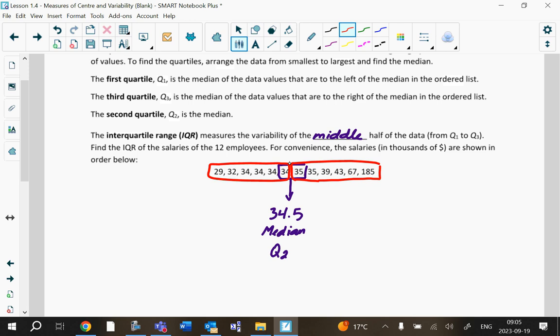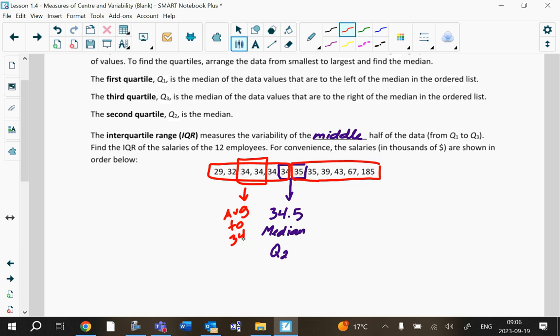So looking at the lower half, is the median going to be one of these numbers, or is it going to be the average of two of them? Average of two of them, because there are 6 numbers, which means 6 divided by 2, the third and the fourth. I take the average of those two. So average 34.